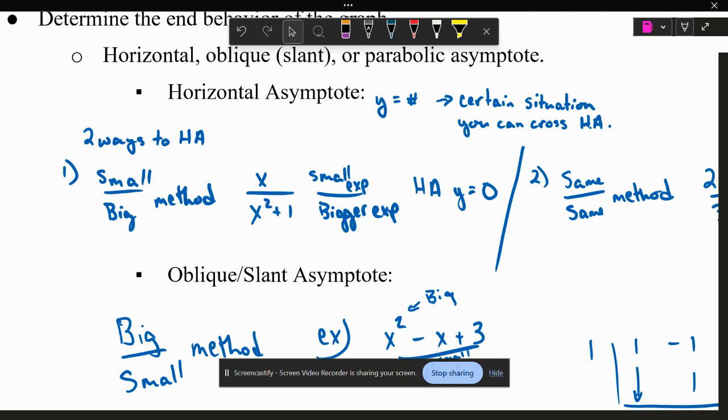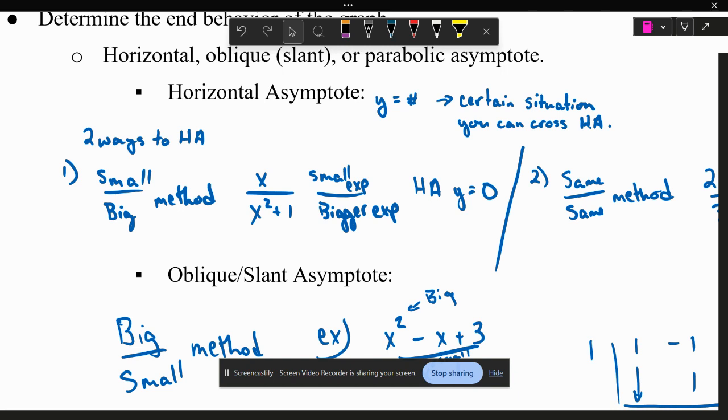The first way is the small to big method. You're looking for the lead exponents. If the lead exponent on top is smaller than the lead exponent on the bottom, then your horizontal asymptote is at y is equal to 0. That's way number 1.